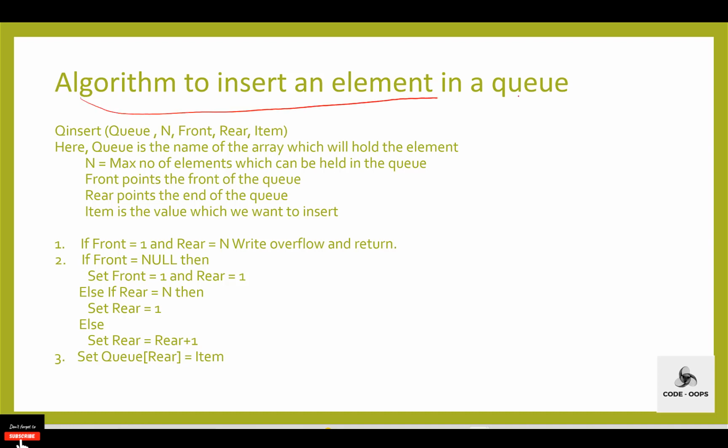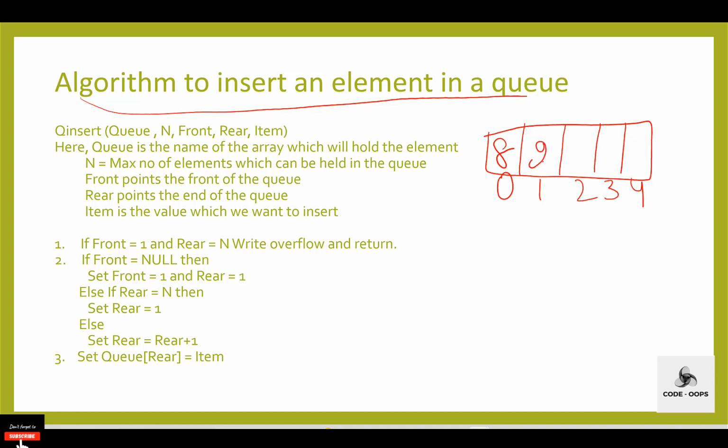Next is the algorithm to insert an element into a queue. Queue insert is the name of the algorithm, and this is the queue having 4 elements. N is the maximum number of elements which can be held in the queue.